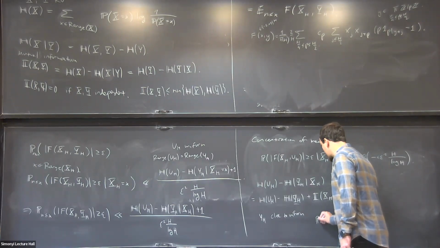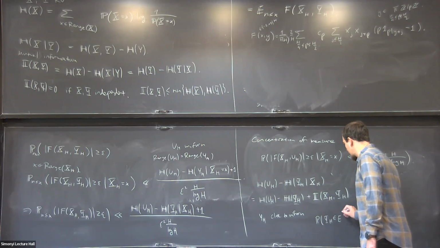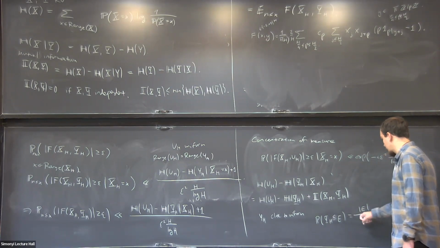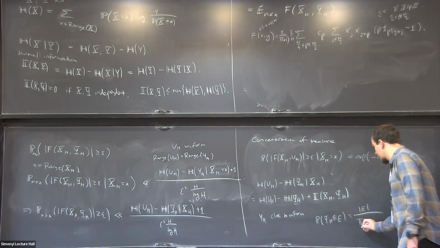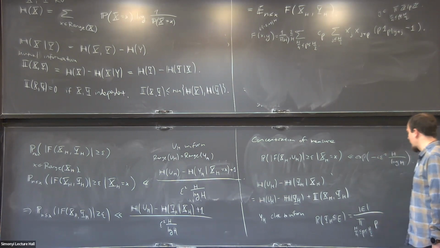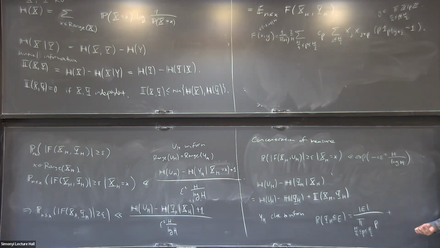So you can write the probability of Y_H being in some set E as essentially what you get for a uniform random variable, plus a small error from the fact that we look at only integers up to X and not all integers.